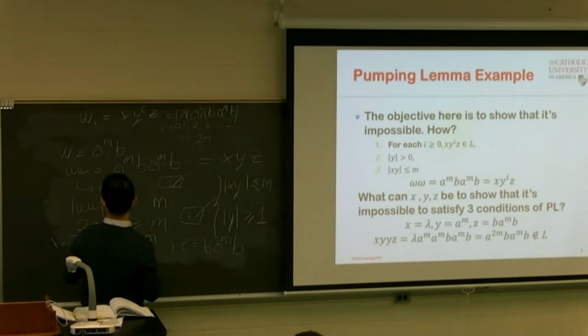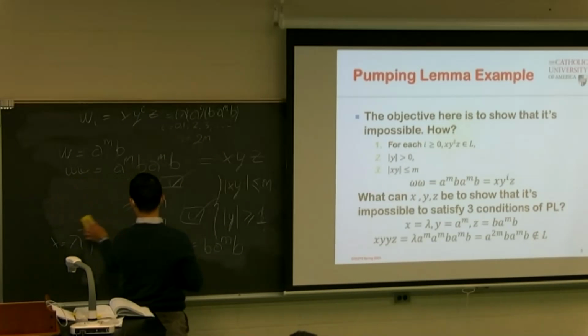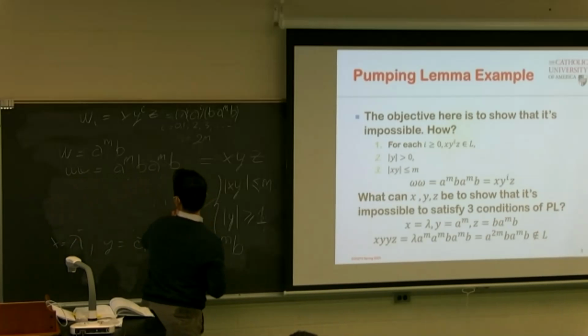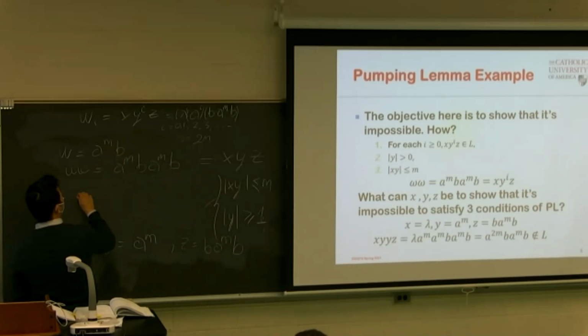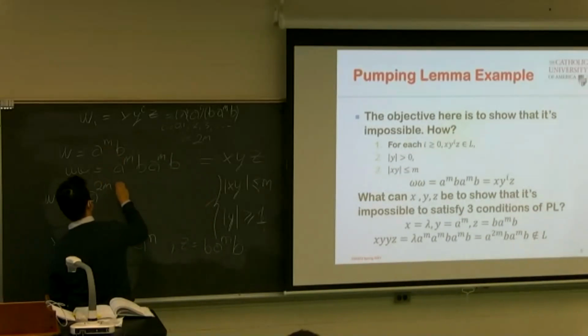Let me write this. So if i is 2m, then w will be lambda a to the 2m, b a to the m b.